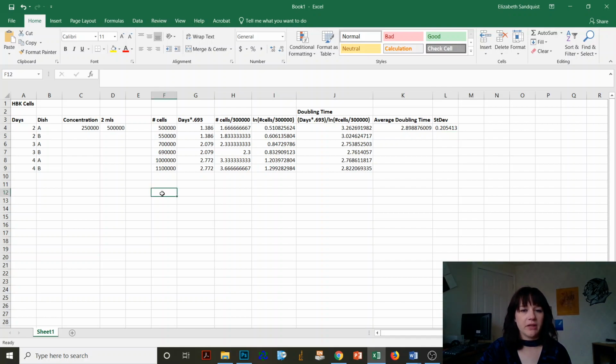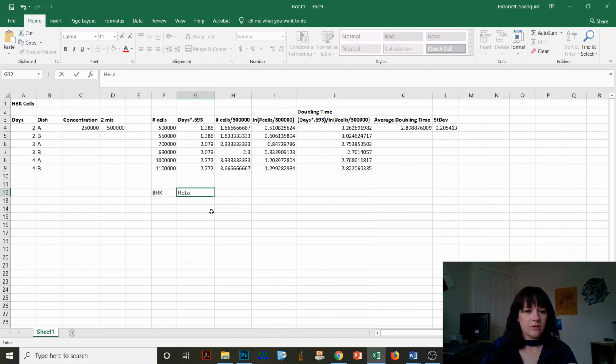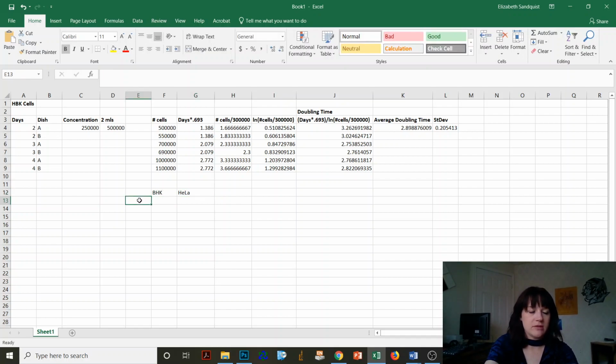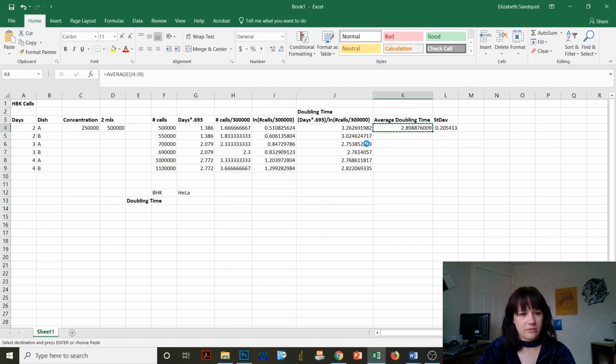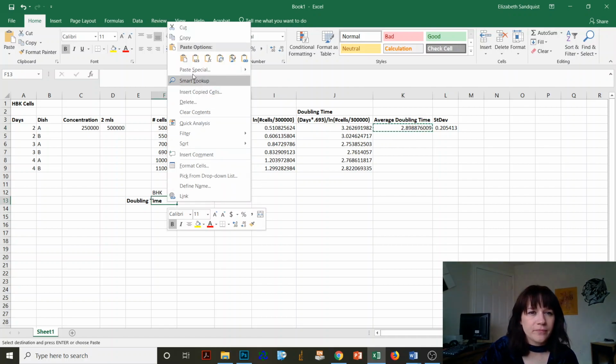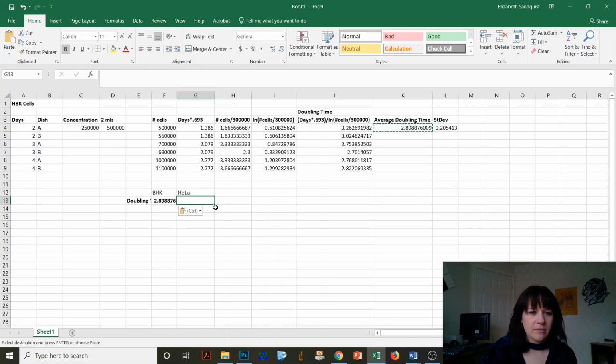And then ultimately, what you'll be able to do is make a bar graph, right? And I'm just going to make up some numbers. So I'll copy this one, and I'm going to make up a number here.